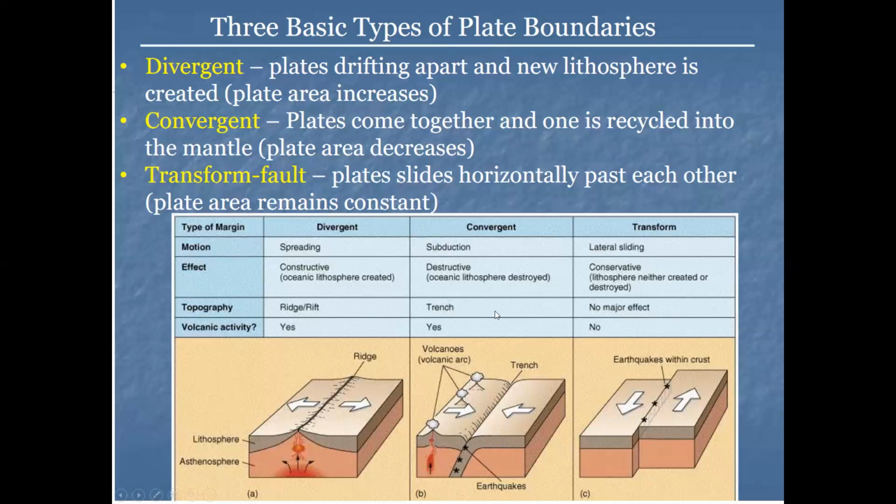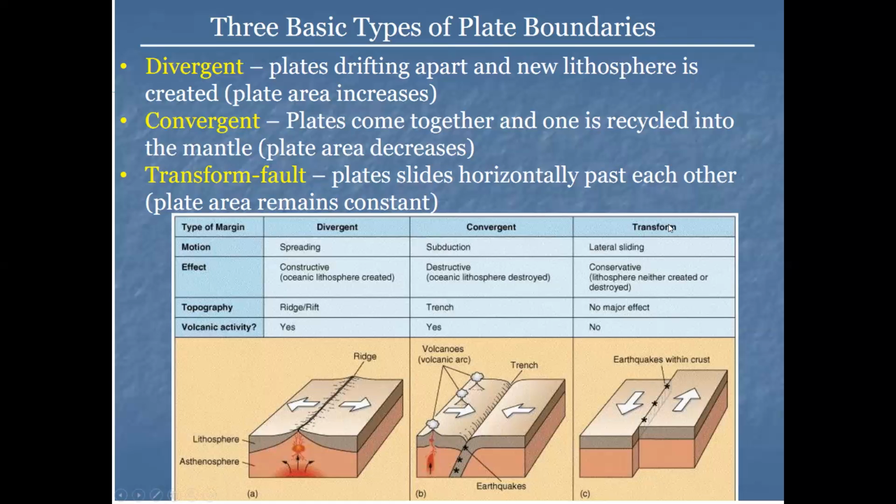They largely form trenches, unlike the diverging plate boundary, which creates ridges or rifts. For example, the East Africa Rift Valley, whereby part of the African continent, including countries such as Ethiopia, Kenya, and the like, are breaking away from Africa.